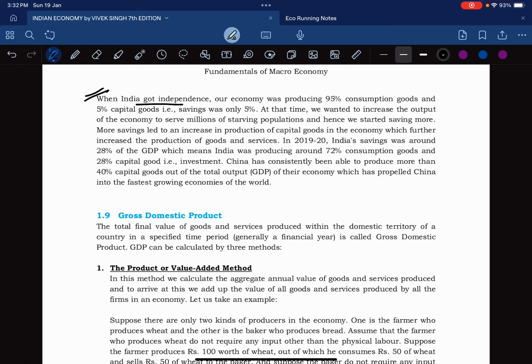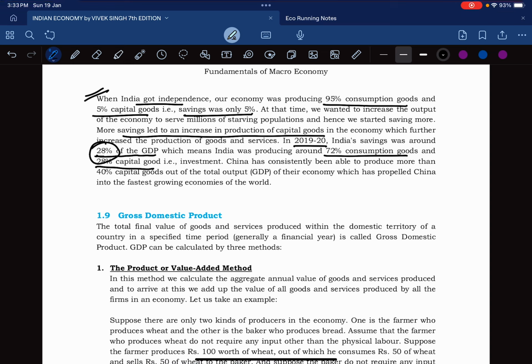Since our independence, our economy was producing 95% consumption goods and 5% capital goods. So savings was only 5%. So we need to increase the output of the economy, right? So savings will lead to an increase of capital goods, and this was in our earlier phase of independence, and in 2019-20 India's savings were around 28% of the GDP, which means that 72% were consumption good and 28% of capital good.